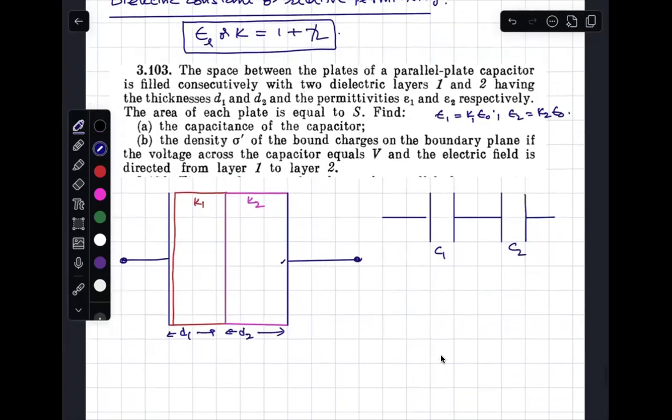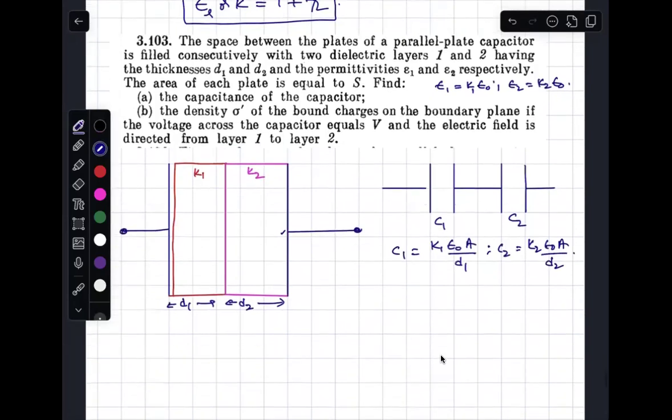What is the capacitance of this arrangement? C1 is nothing but K1 epsilon naught A by d1. That is the C1. C2 is K2 epsilon naught A by d2. Till here, there is no doubt.